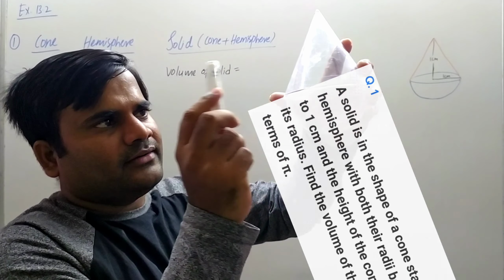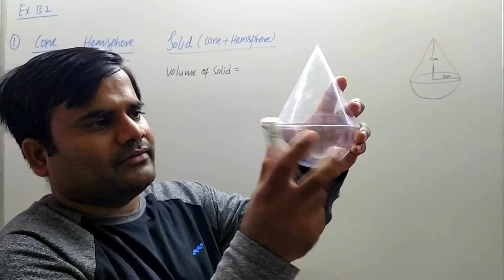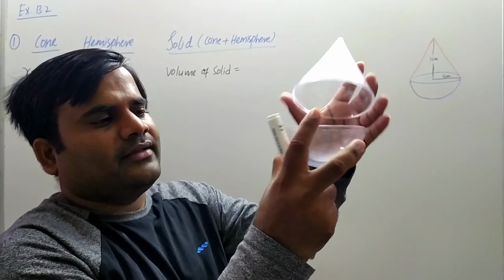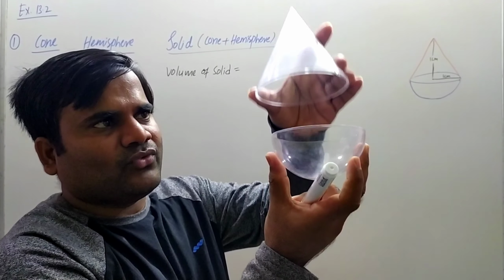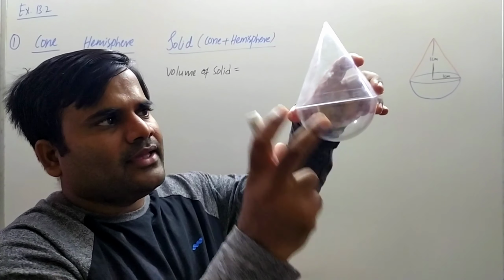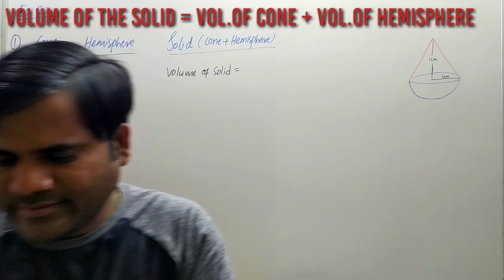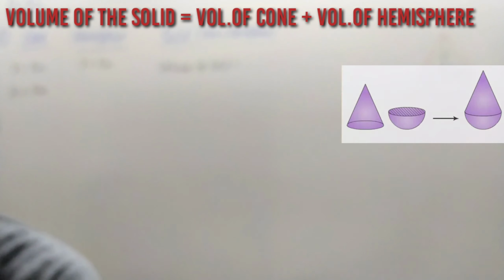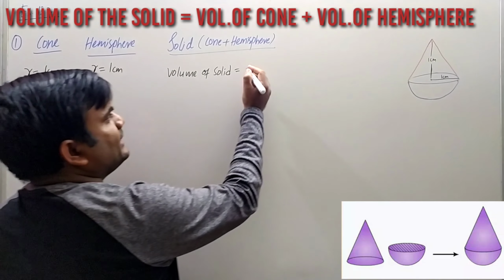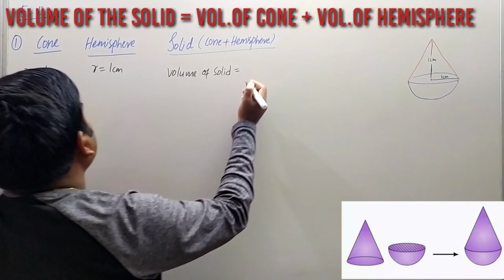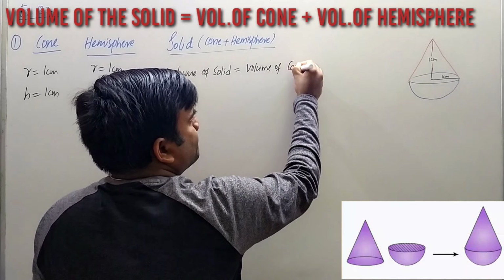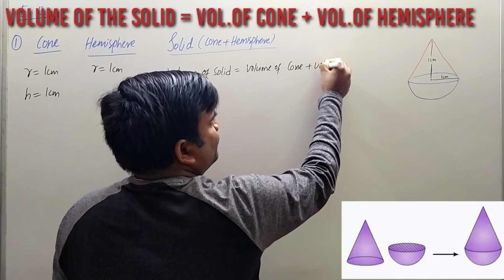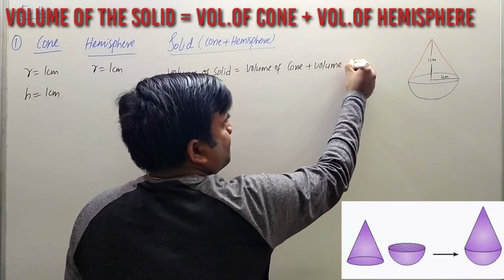So to find the volume of the solid, we need to find the volume of hemisphere plus the volume of cone. So the volume of solid is equal to the volume of cone plus the volume of hemisphere.